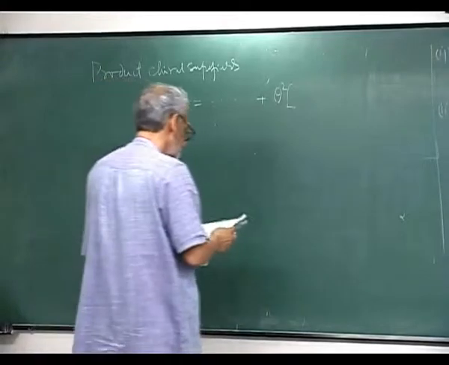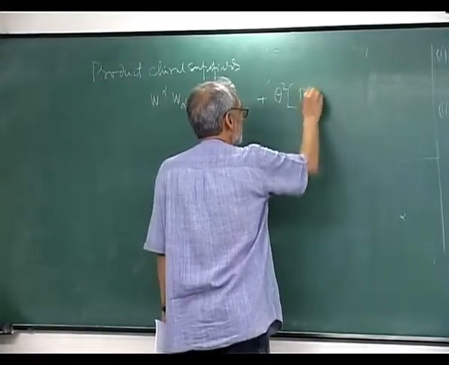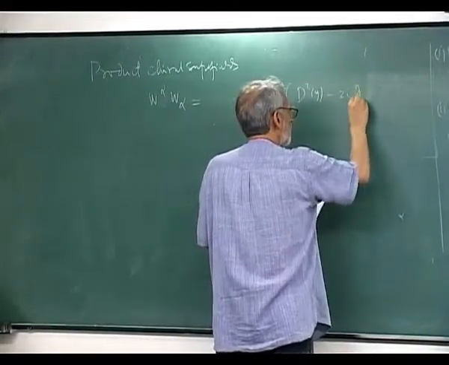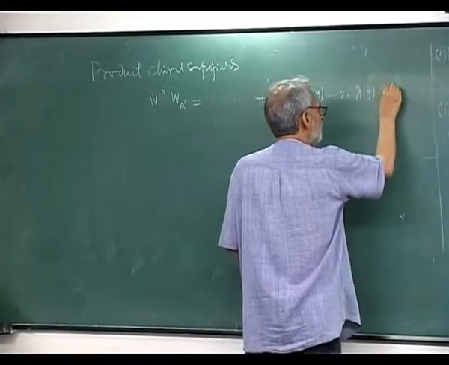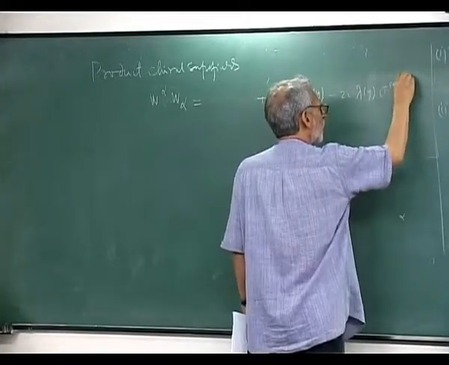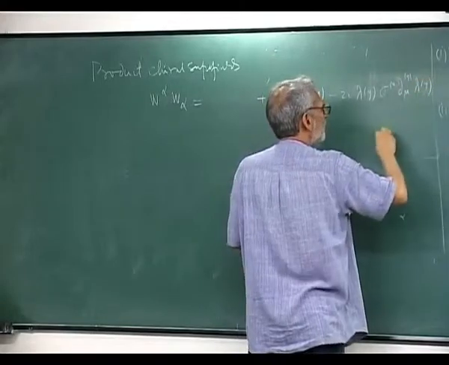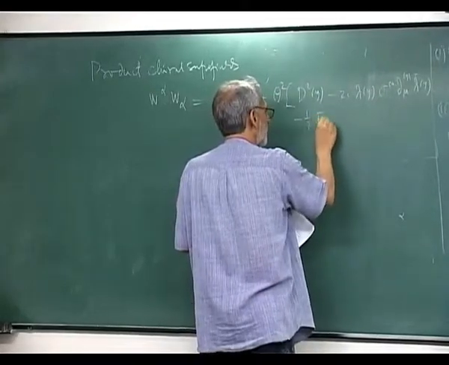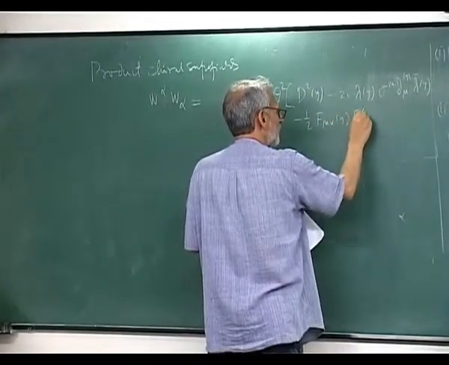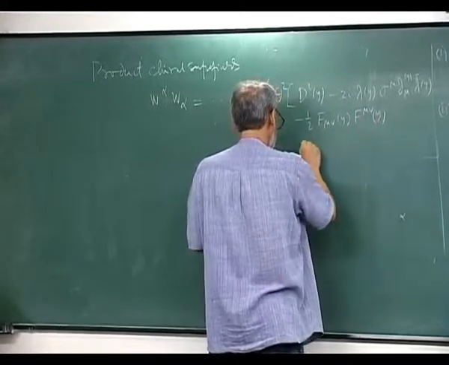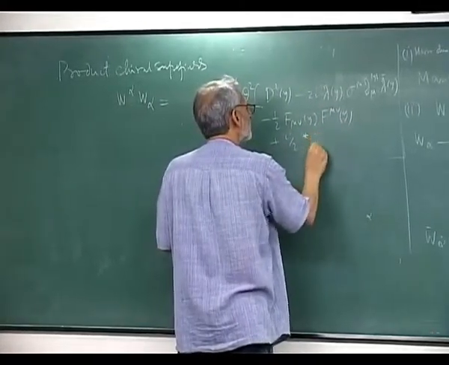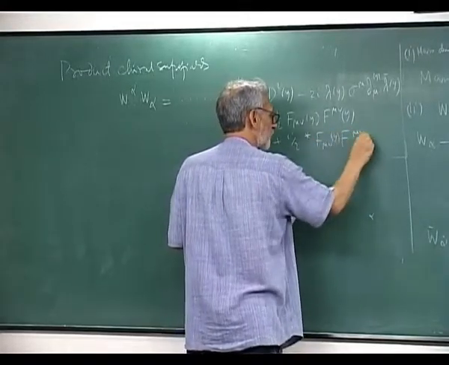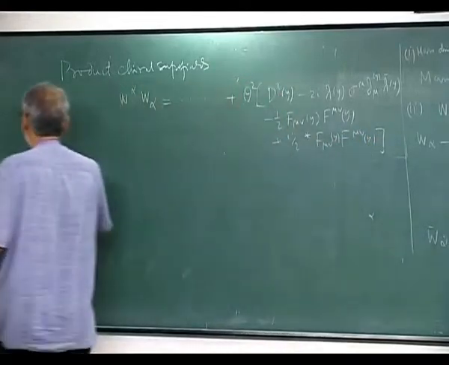From the structure that you have, d square y minus 2I lambda of y sigma mu nu d mu y lambda of y, some bars, this one is bar, minus half f mu nu y, f mu nu y, plus I by 2 star f mu nu, f mu nu y, y. The star here is dual.